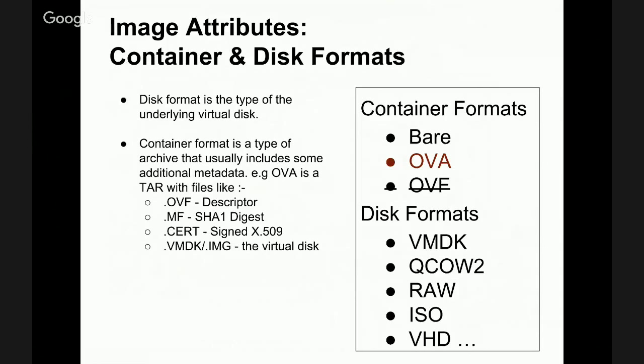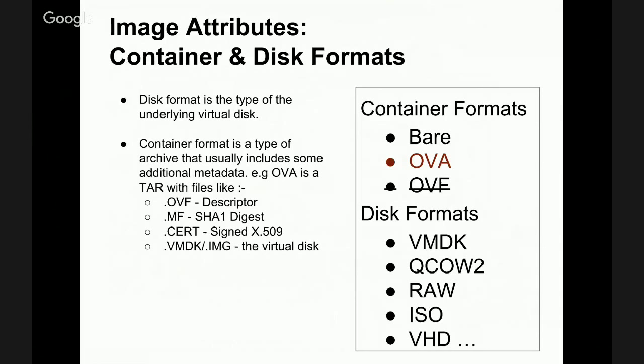So the disk format is nothing but the type of the underlying virtual disk. The virtual disk comes in different formats specific to different open source or commercially available hypervisors. So you have formats like QCOW, VMDK, raw formats, VHDs for different hypervisors.